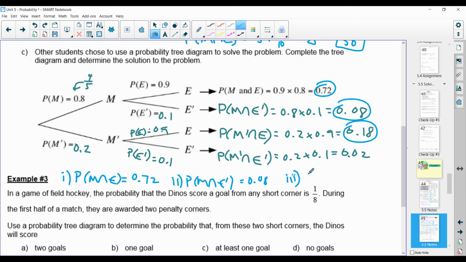So we're adding all of those up. 0.72 plus 0.08 plus 0.18 gives us 0.98. Now, another way that we could do that question is to just take the 1 and subtract 0.02, which would also give us 0.98.